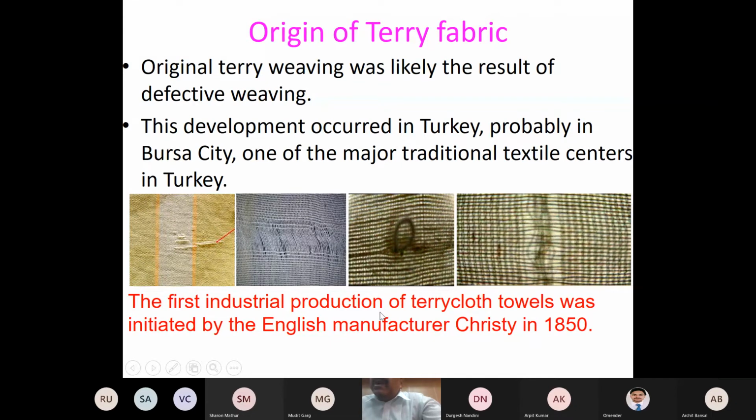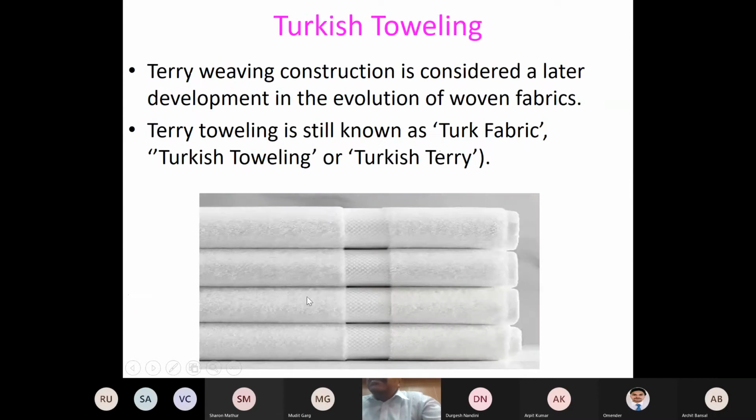That means one of the most important property of terry fabric is absorbency. And this idea was subsequently used to make terry fabric, in which we produce these kind of cloth. Since the idea was first implemented in Turkey, people also call it Turkish towel.